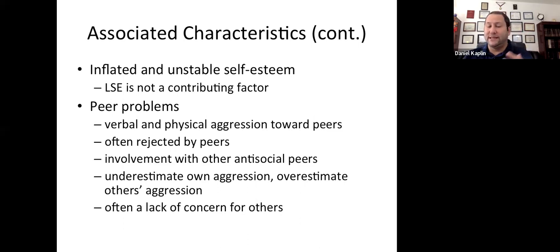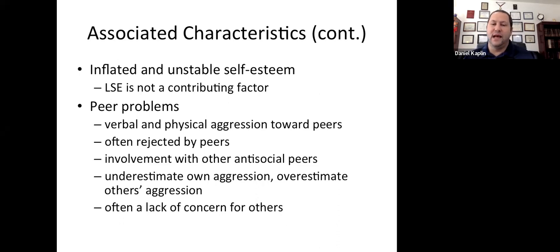So that's self-esteem. And then what about peer relationships? We see, especially with conduct disorder, there's verbal and physical aggression towards one's peers. We see social isolation. We see peer rejection. So when your peer group rejects you, you're going to find other people who will accept you.